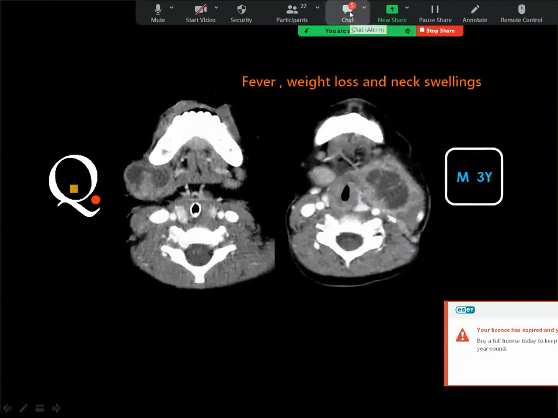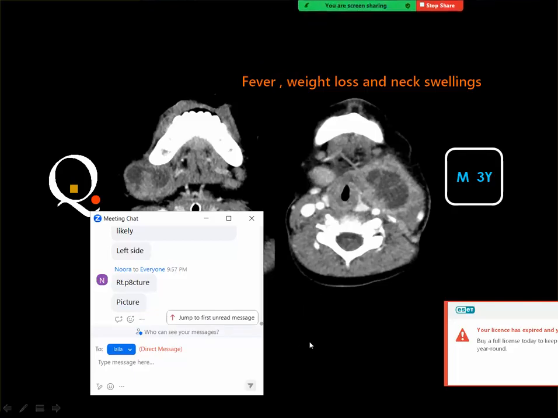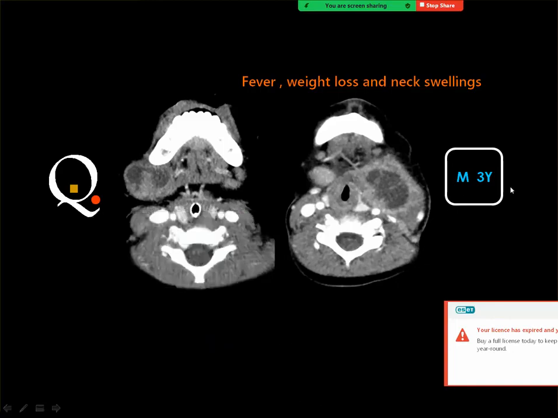Next. I don't understand these answers, but okay, let us answer this case about the child, 3 years old with neck swellings.